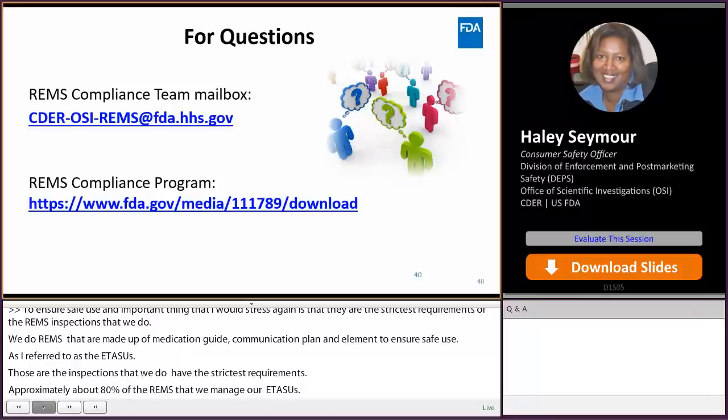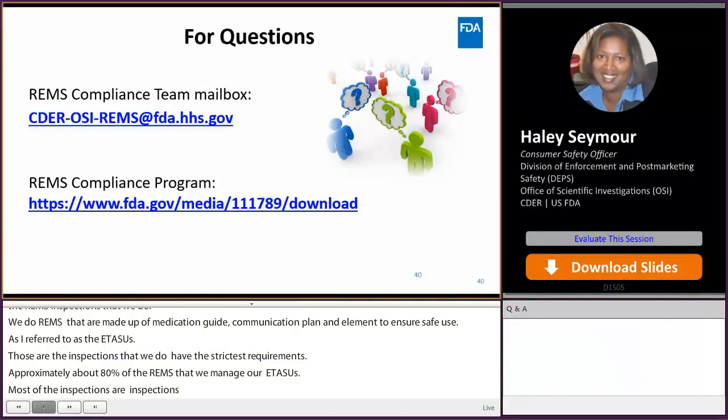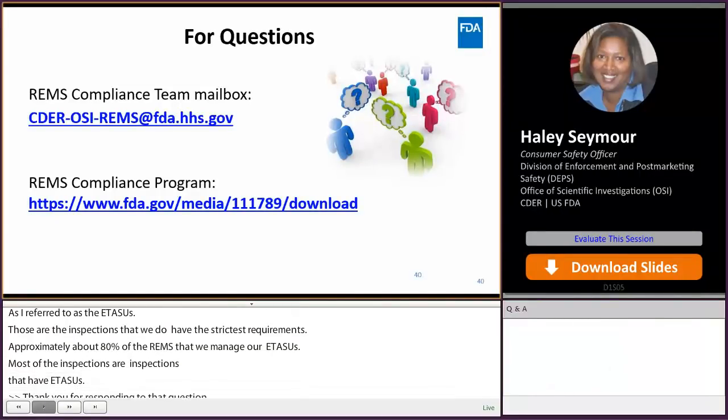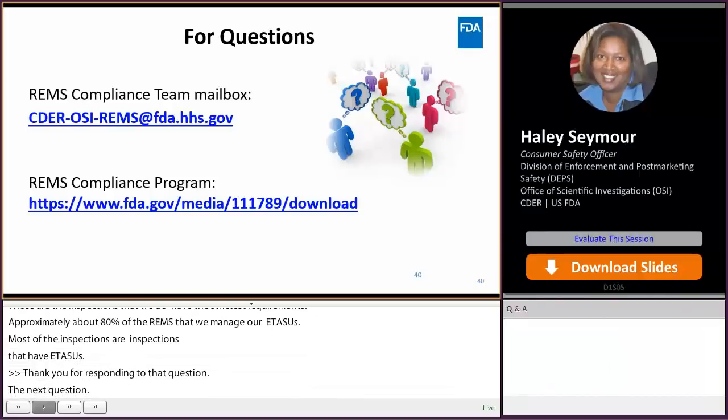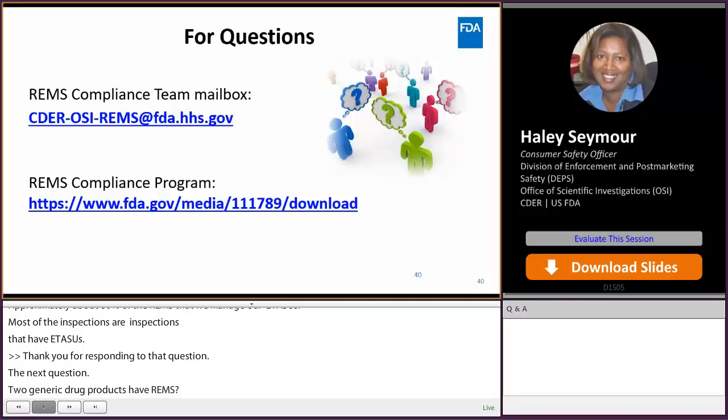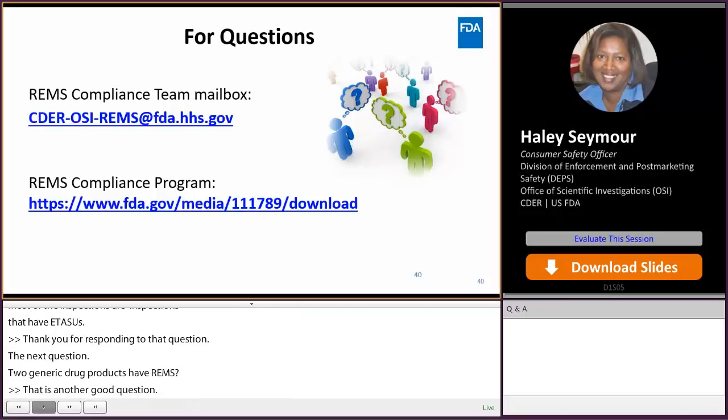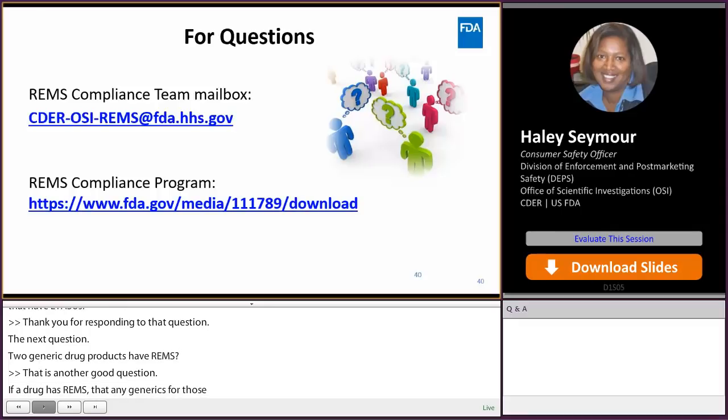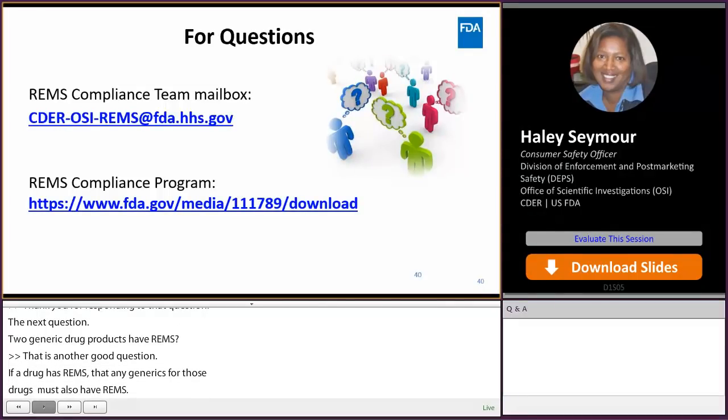Our next question. Do generic drug products have REMS? That's another good question. If a drug has a REMS, then any generics for those drugs must also have a REMS. But sometimes the innovator drug and the generic drug will jointly develop and implement the REMS. In those cases, that's what we refer to as a shared system REMS.